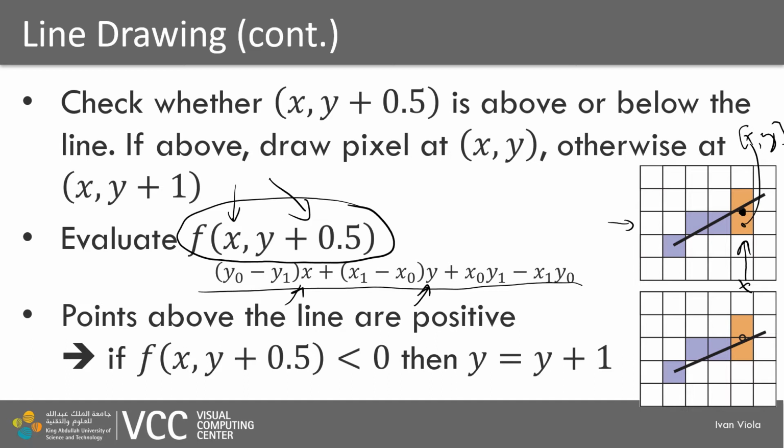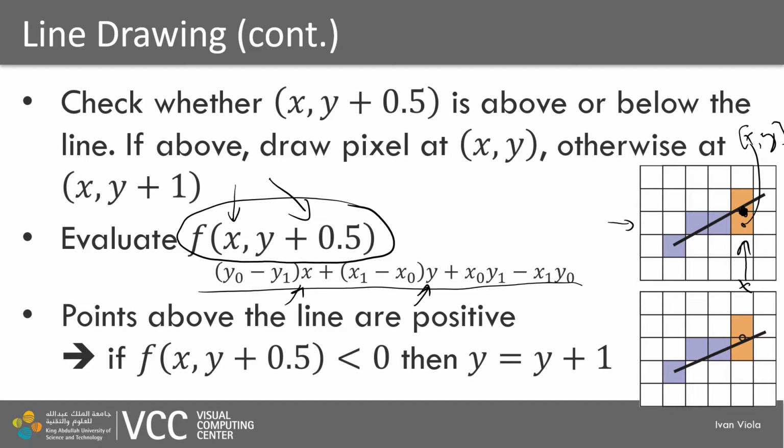If the functional evaluation is smaller than 0, then this point between the two centers of the pixels lies below the line. So in this particular case, which is drawn here, the functional evaluation will be negative.